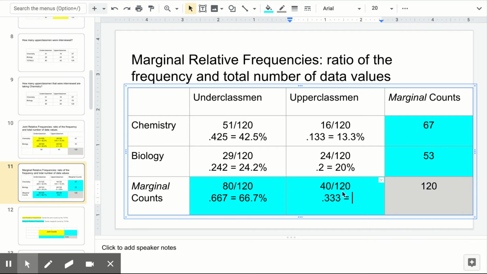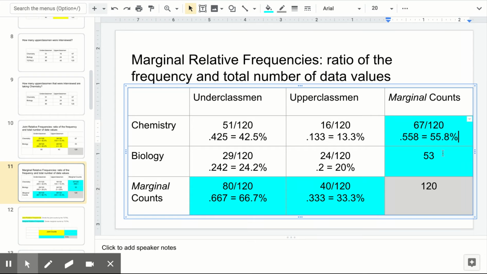Converted to a percent, 33.3%. So these ones are a little bit uglier, but not too bad. 67 divided by what number? You guessed it, 120. So 67 divided by 120 is going to be 0.558. Again, move that decimal over twice.